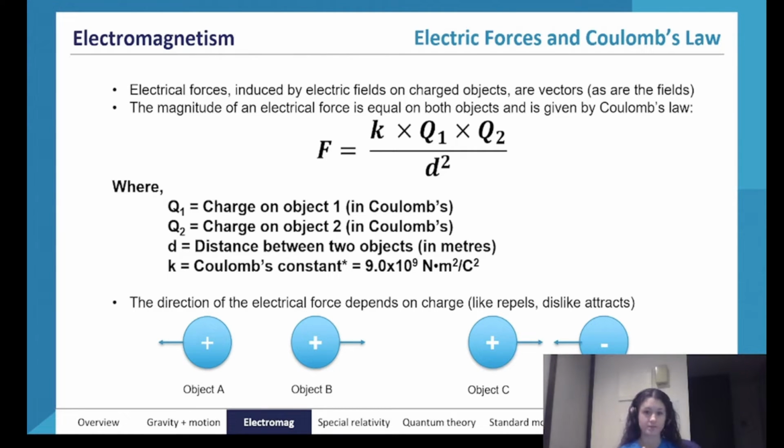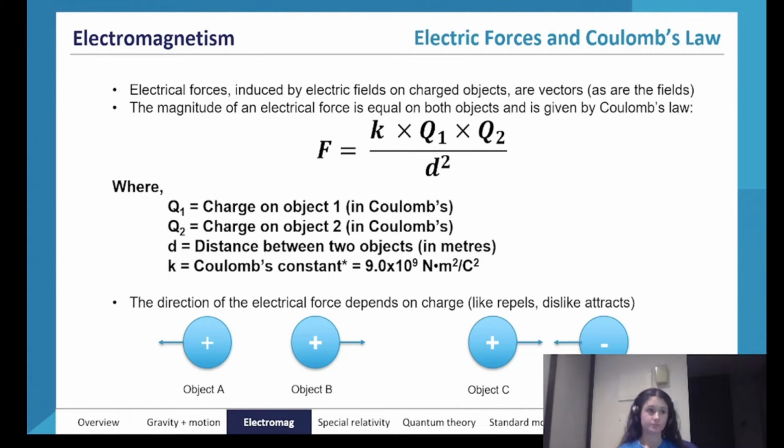The reason that we call these electrostatics is because the charges are staying stationary. However, when we get into magnetism, the charges are going to be moving. And because the charges are moving, they're generating a magnetic field.